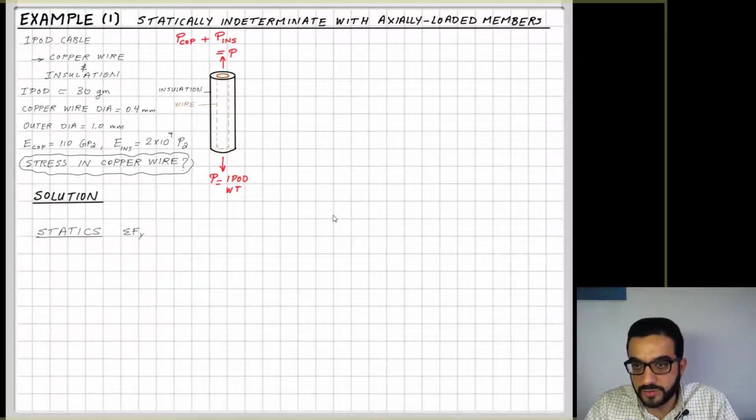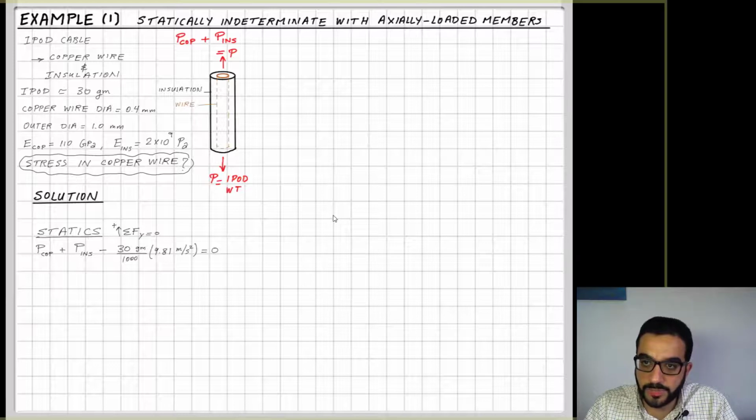From statics, if I call the share of the iPod weight carried by the wire P copper, and the remaining part P insulation, they both equal the weight of the iPod. One thing to note here is that weight is different than mass.